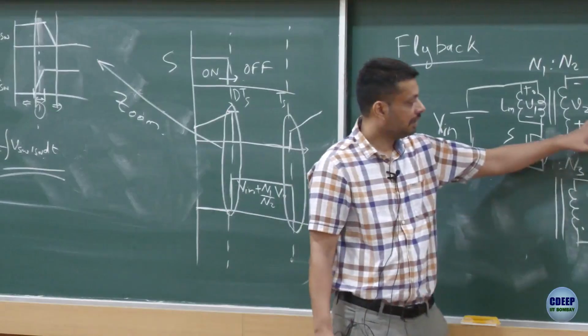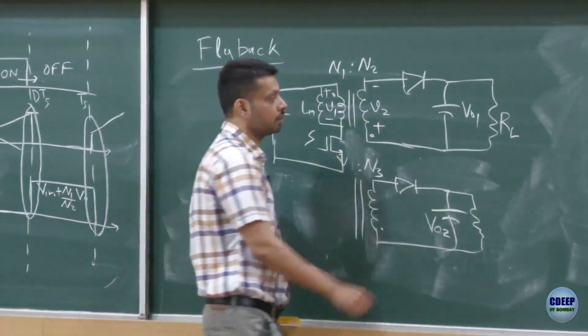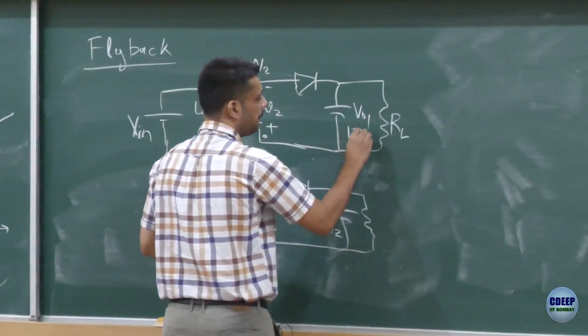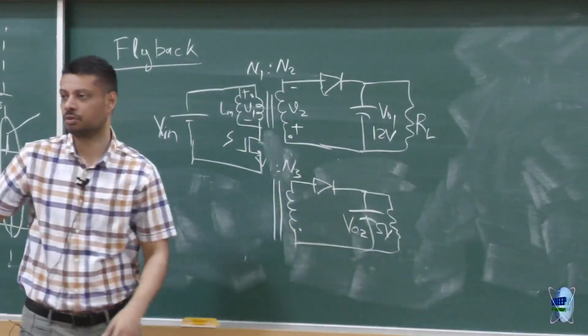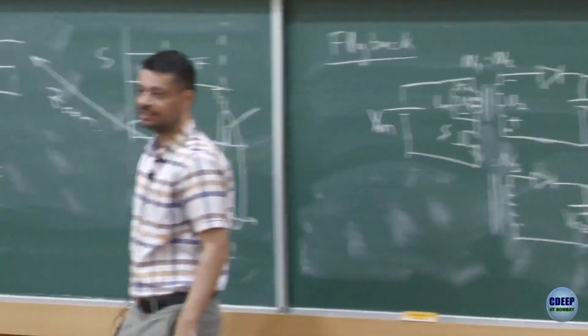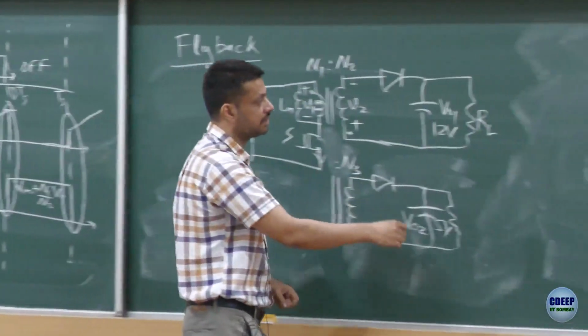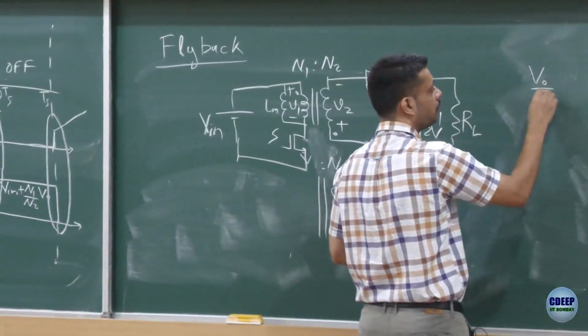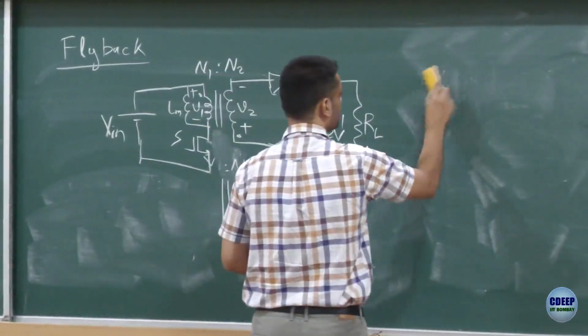Okay, now let's see a little bit how it works, right? For example, if you have 2 outputs, you want a 12 volt here and you want a 5 volt here, and then you want to use it to power up the rest of the ICs or circuits. How does it work? As you understand, the expression for VO by Vin, or rather the output voltage, would be proportional to the turns, right?